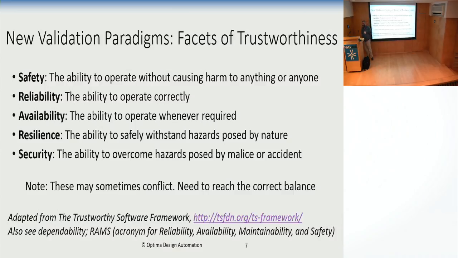You have to have availability. It has to operate always. It cannot be sometimes or when the conditions are favorable. It has to always be available. It has to withstand hazards posed by nature. It goes all the way from rain to radiation effects, to humidity, to noise, to dust. All of these things are no excuses.